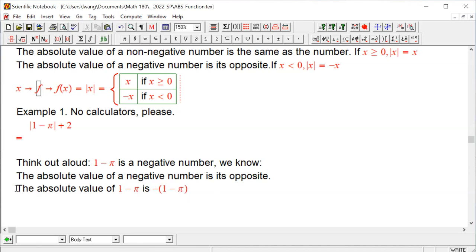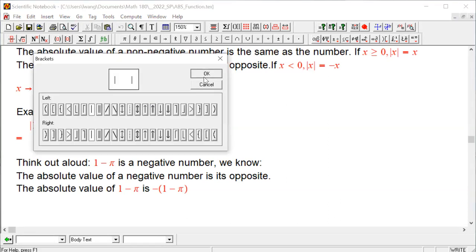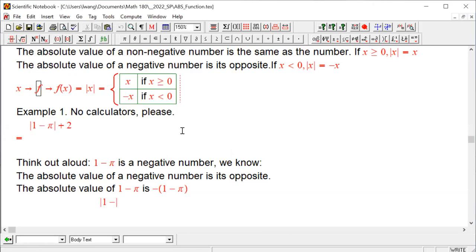So the absolute value of 1 minus pi, we know how to represent absolute value, is its opposite right here.